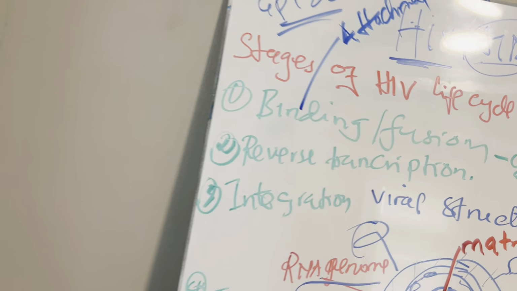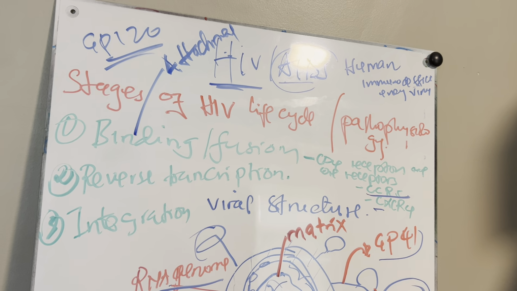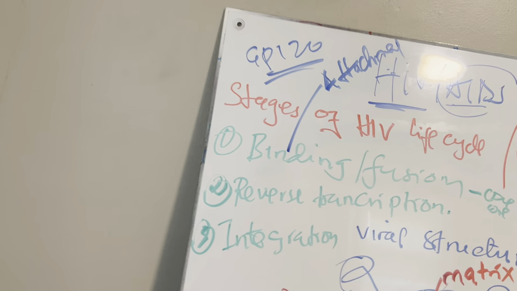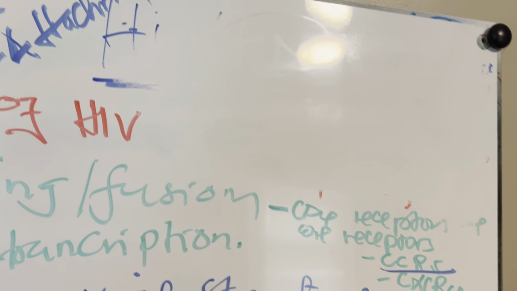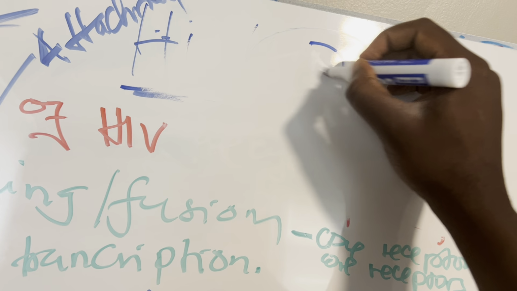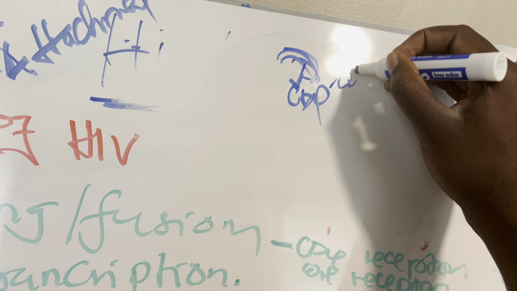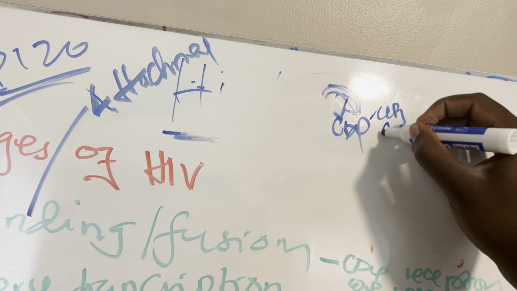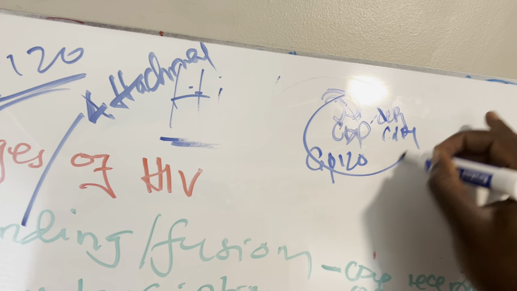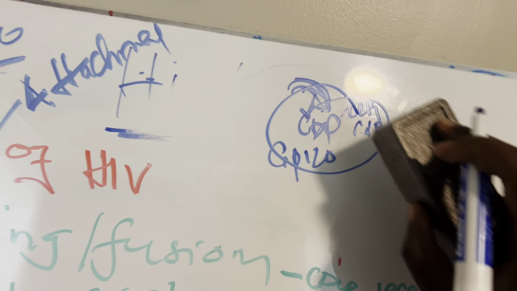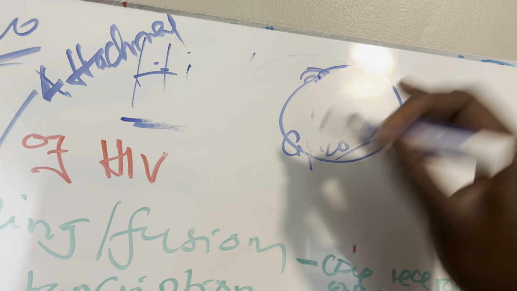And then after it has attached and fused, in simple terms, let's assume these are CD4 receptors, CCR5 receptors, CXCR4, and then this is GP120. So there's attachment, and then there is fusion.